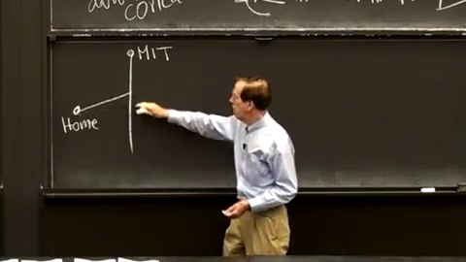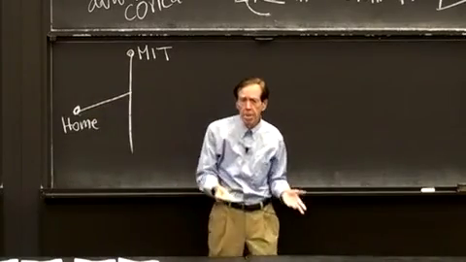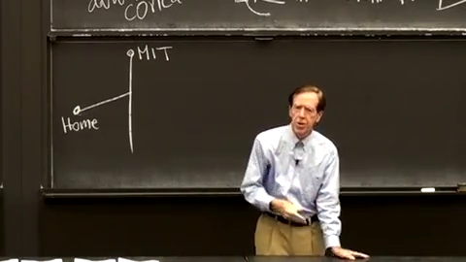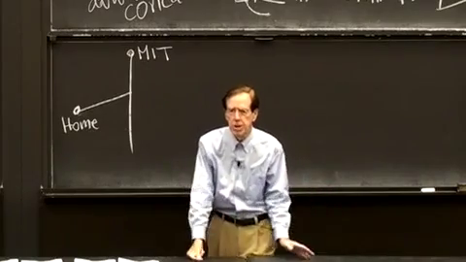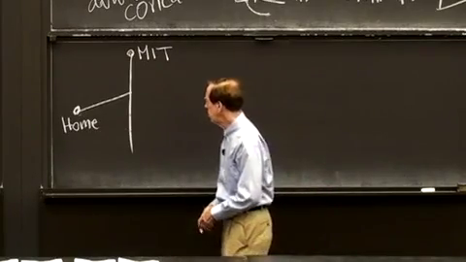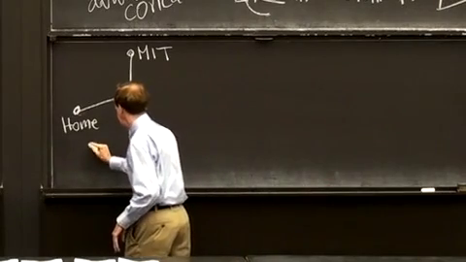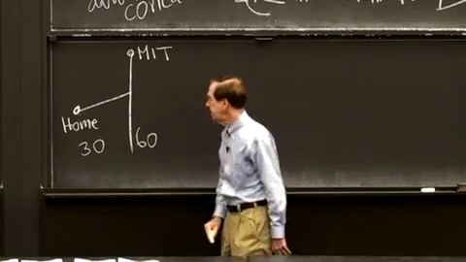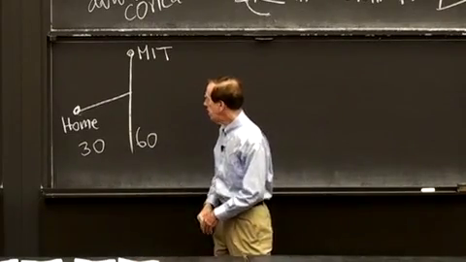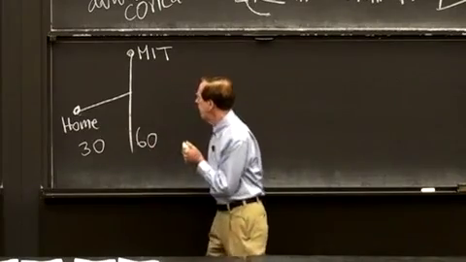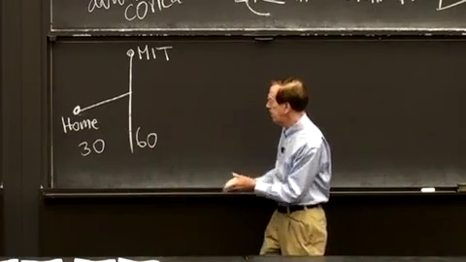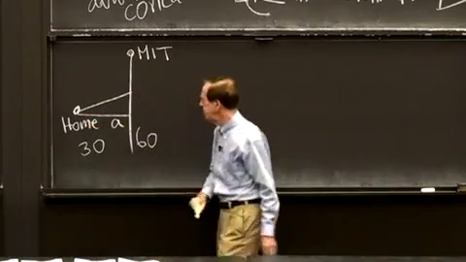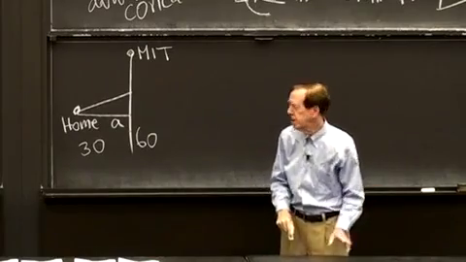on some road. I could go directly to MIT on the city streets at the slow rate, say 30 miles an hour or 30 kilometers an hour, and 60. So speeds 30 and 60 as my speeds. Okay. And now I should have put in some measure. Let's call that distance A, whatever it is. Maybe it's about 3 miles.